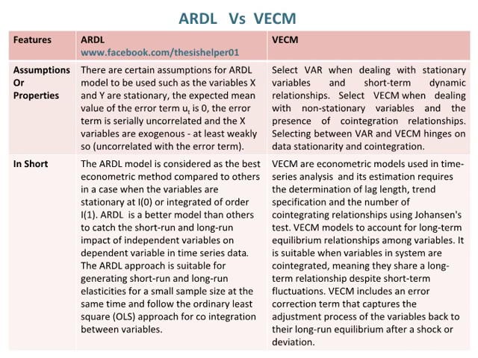It is suitable when variables in the system are co-integrated, meaning they share a long-term relationship despite short-term fluctuations. VECM includes an error correction term that captures the adjustment process of the variables back to their long-run equilibrium after a shock or deviation.